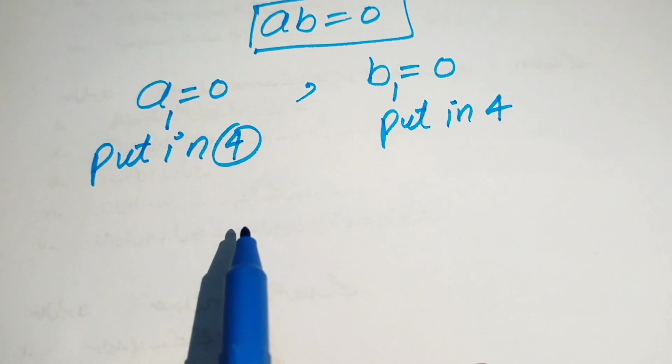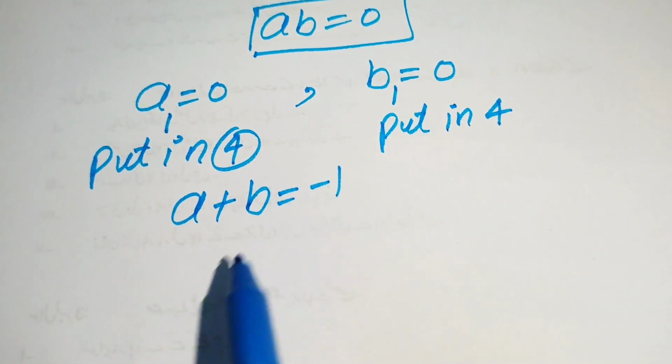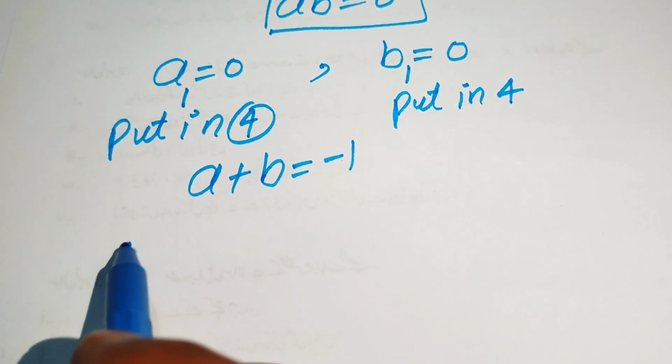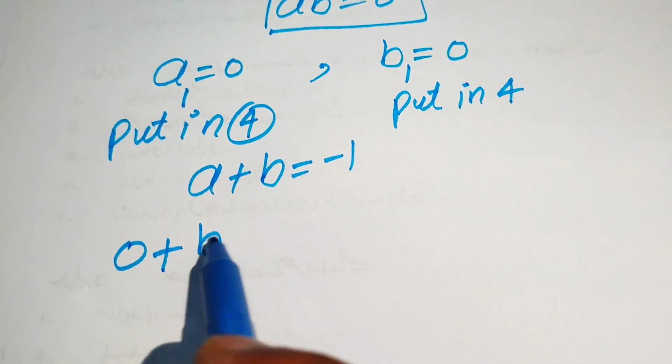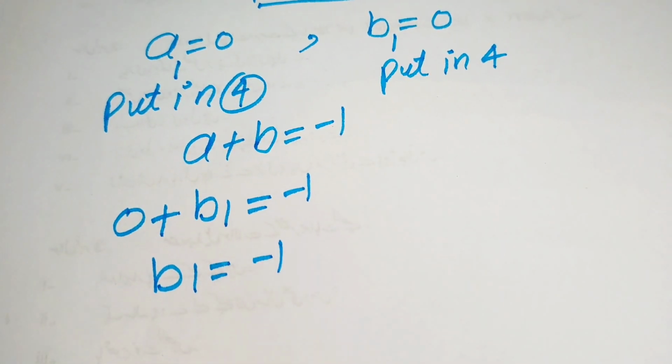So here we first copy down equation number 4, which is a plus b equals to minus 1, and when we substitute a1 equals to 0, you get here 0 plus b1 equals to minus 1, so we have b1 equals to minus 1.